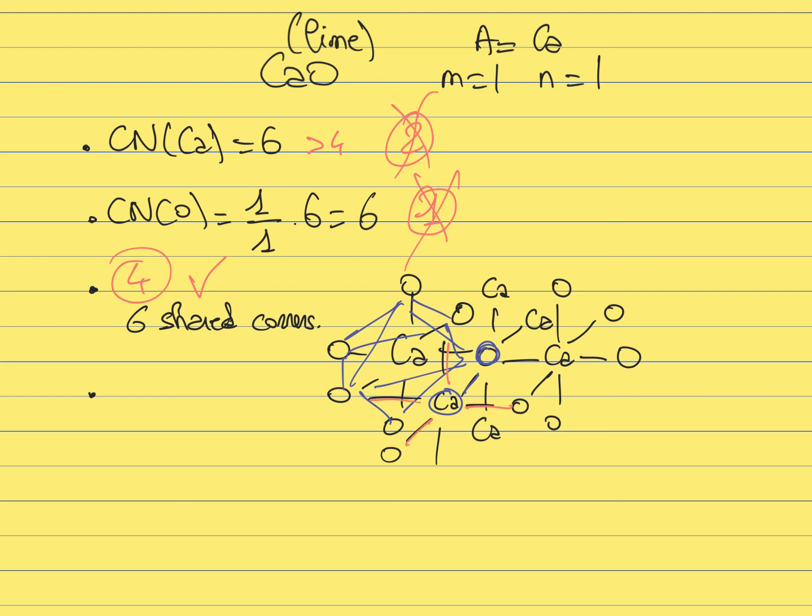And if you look at this structure here, now necessarily they have to form an edge sharing unit. Those 2 polyhedra necessarily share 2 oxygen in common here. There is no way you can draw this structure without having polyhedra sharing 2 oxygen in common, sharing some edge connection.